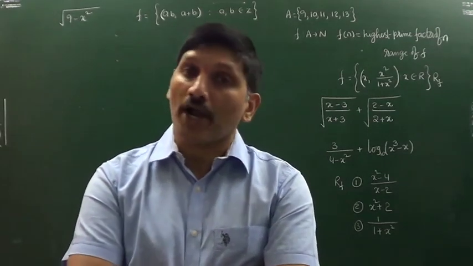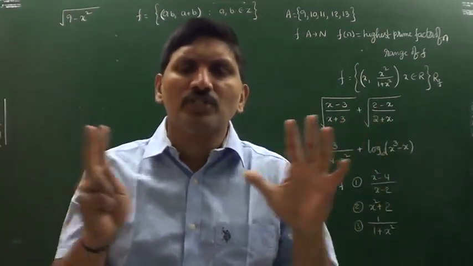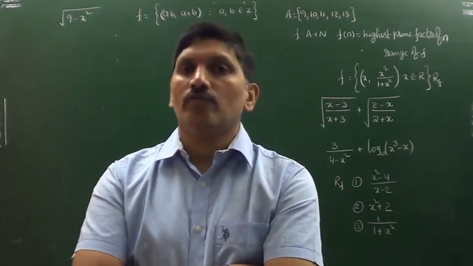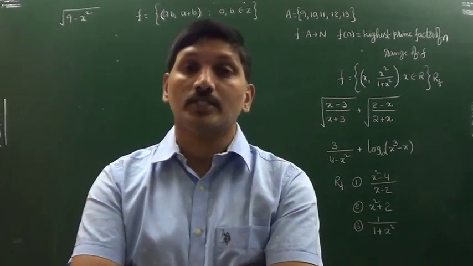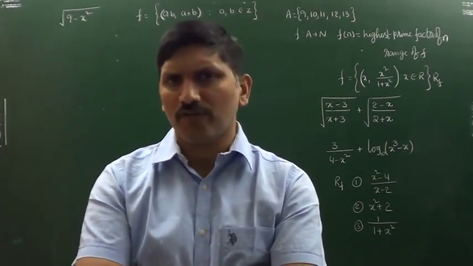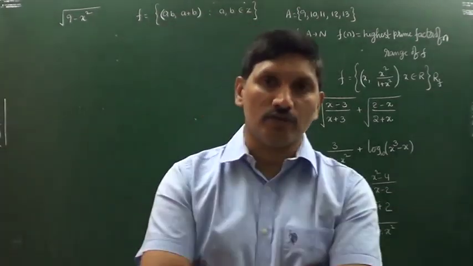So from these chapters, once again, sets, relations, functions and linear inequalities, based on these ideas, whatever is there in the basic level, whatever we discussed in all these classes, based on that information, we are going to give around 45 questions as an objective exam. Mathematics 45, physics 45, chemistry 45, biology also 45.